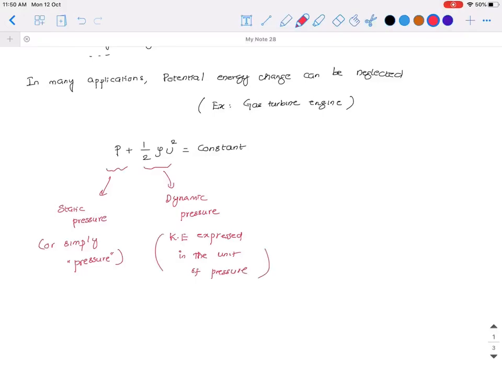It is actually the kinetic energy possessed by the fluid particle, but we write it in the unit of pressure. The constant we call P0, and P0 is what we call stagnation pressure, which is nothing but the sum of static pressure and dynamic pressure.